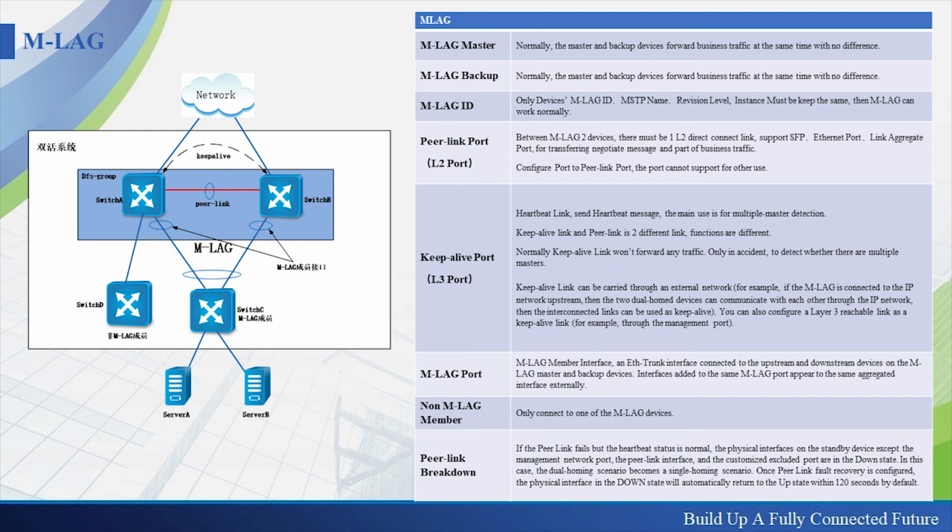And the peer link port should be a layer 2 port. For the keepalive ports, they should be layer 3 ports. The keepalive is a heartbeat link and sends the heartbeat message. The main use for the keepalive is for multiple master detection. For other information, you can check the PowerPoint later.